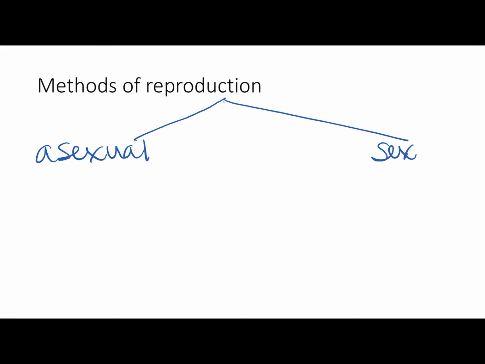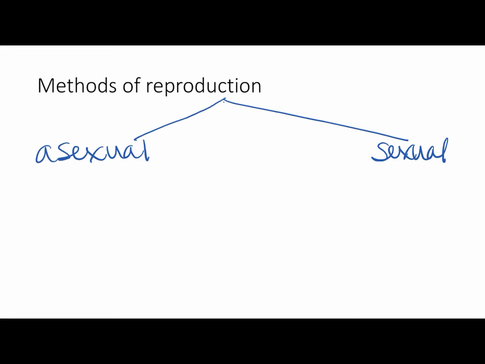So different organisms have different methods of reproduction. And again, you've probably learned about this since you were in elementary school. Asexual reproduction and sexual reproduction. All right.